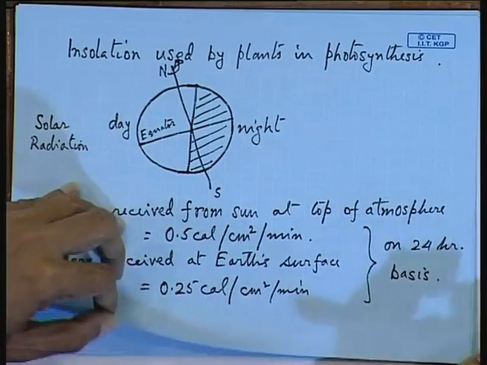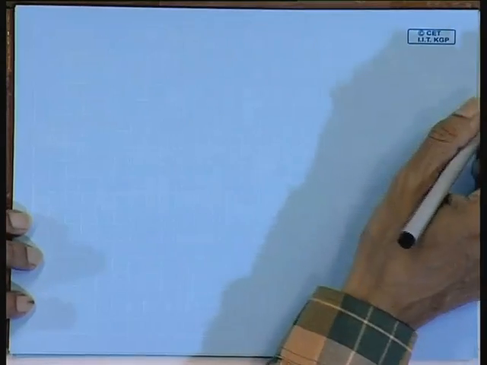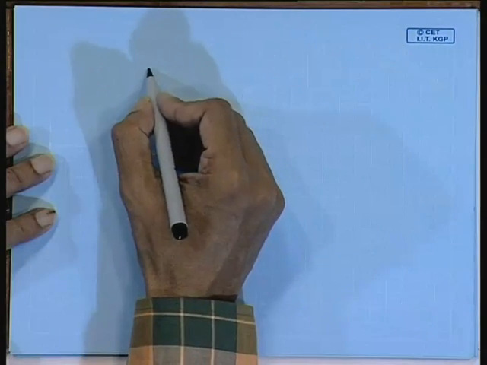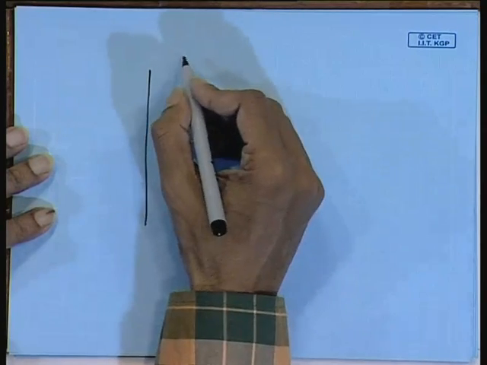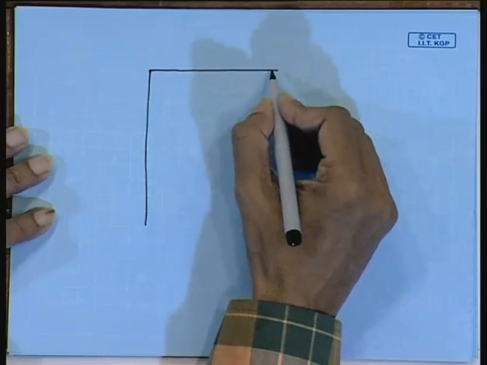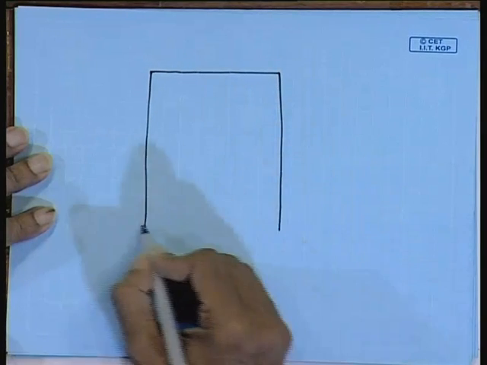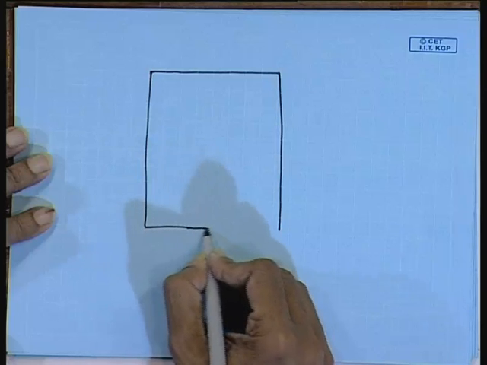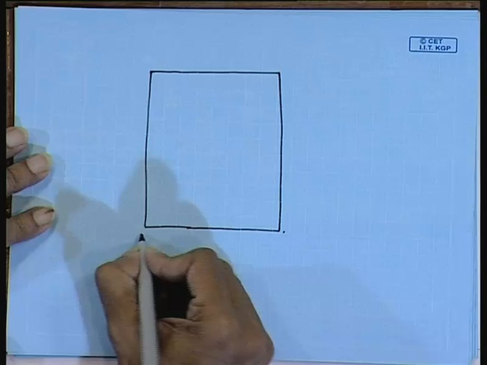Now, if you look at the surface of the earth from the equator to the poles, you have the distribution like this. So, this is the equator at 0 degree.